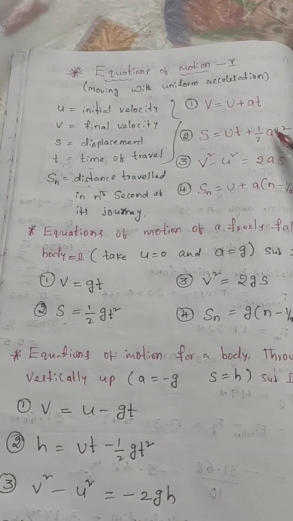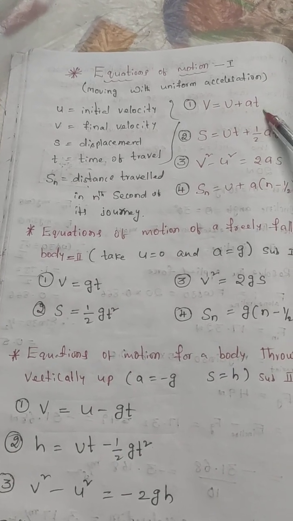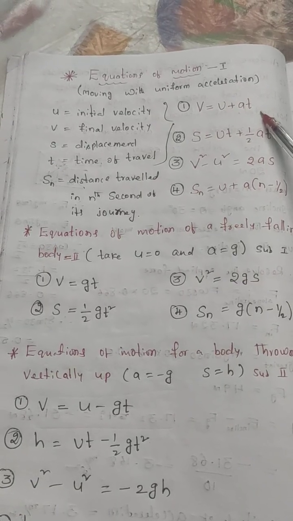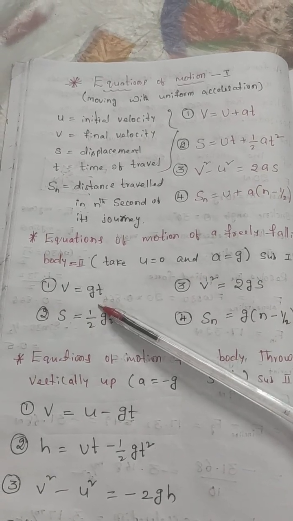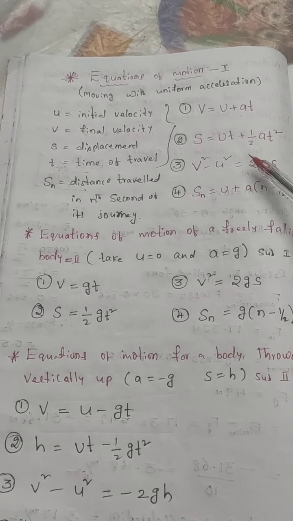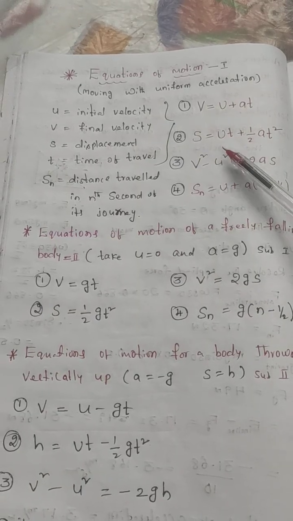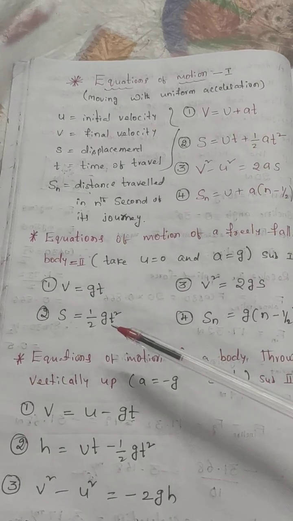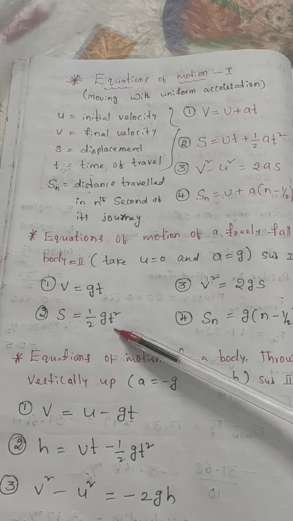Same values we will substitute in the second equation. s equals ut plus half at square; u is 0, that's why the ut term gets cancelled. Half into at square, instead of a we will write g, so s equals half into gt square.